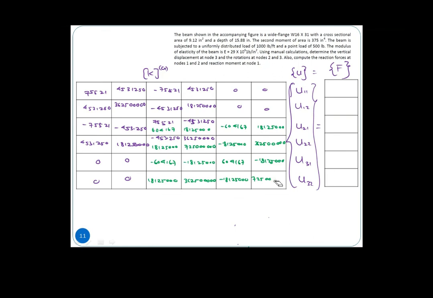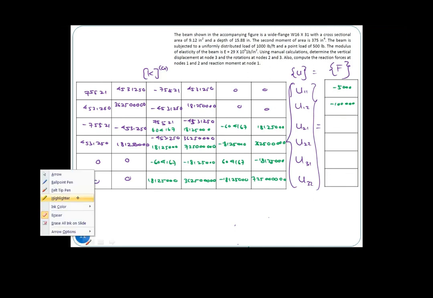the entire global stiffness matrix. Then the load matrix, of course, we have the 5,000, 100,000, negative 5,000 minus 250, which is negative 5250.